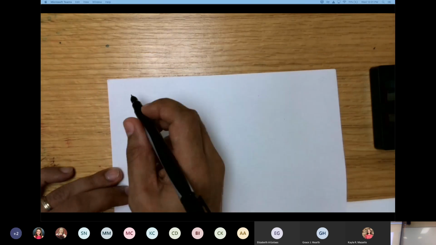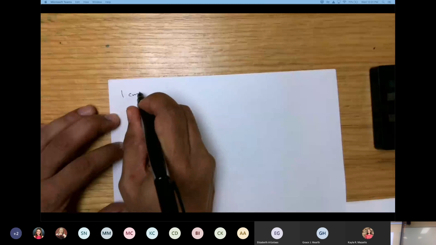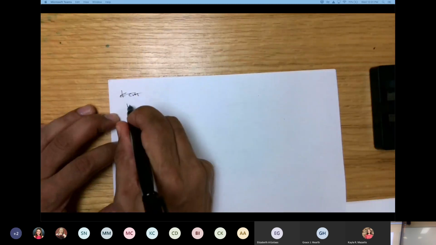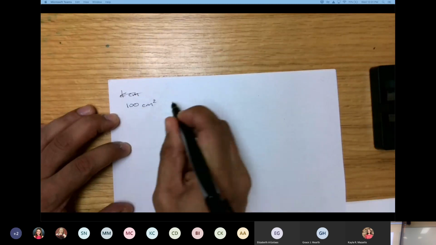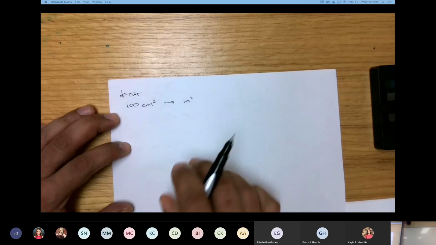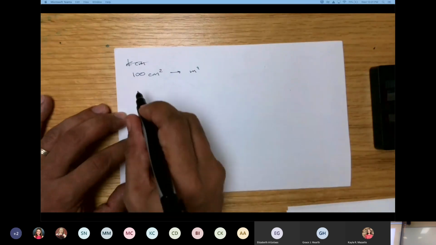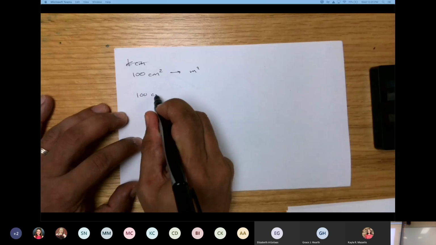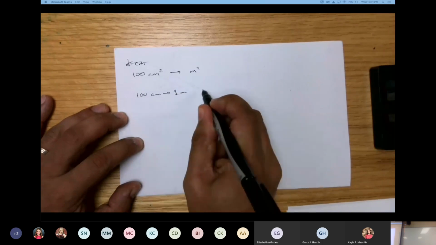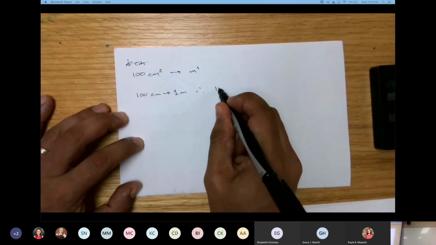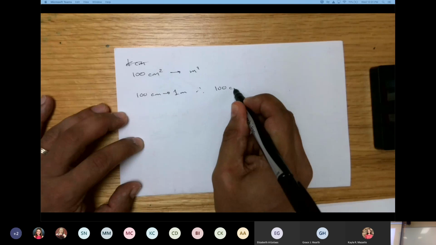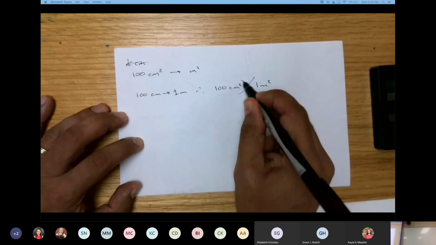For example, if you want to convert 100 centimeter square to meter square. So many people, what they did is like, well, I know that 100 centimeters is 1 meter, so therefore 100 centimeters square is going to be equals to 1 meter square, and that's wrong. Okay?